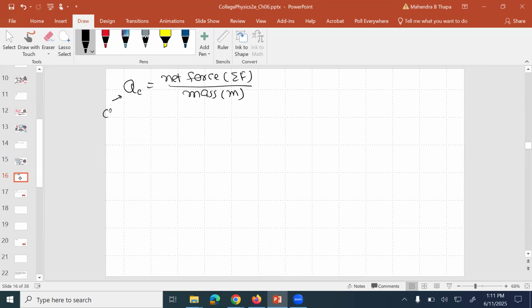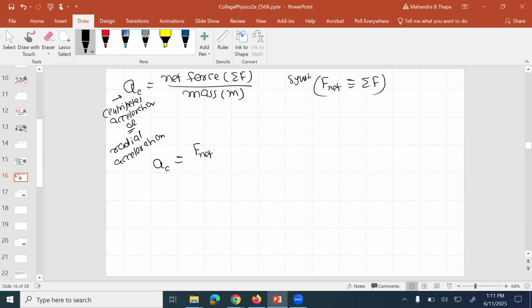So here this is the centripetal acceleration, or we call it radial acceleration. This can be simplified as AC equals F net. I'm using the same F net symbol as summation F. This is just a matter of symbol. F net over mass.